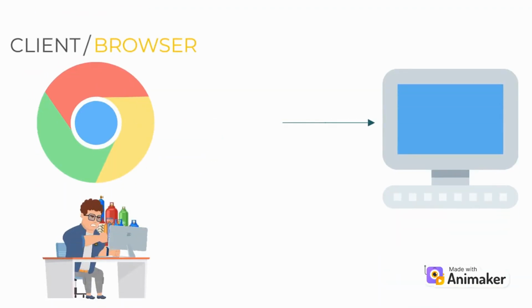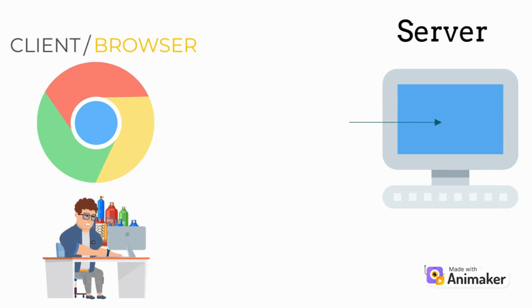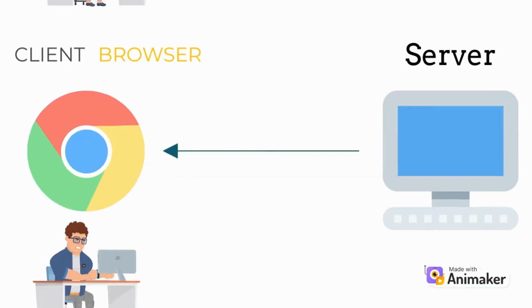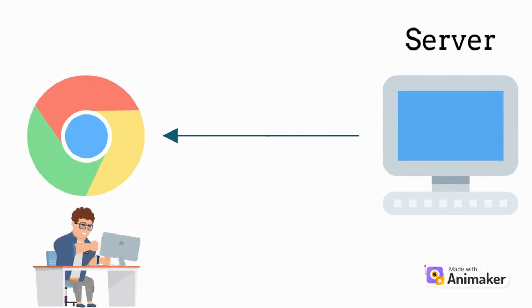Then the next course of action can be that the user submits a sign up form or a login form. So the user will fill in the form details and hit the submit button. The subsequent request will be sent to the server with the form details. Then the server will read those form details, and based on certain business logic, the server will generate the next HTML file which will get sent to the client again.